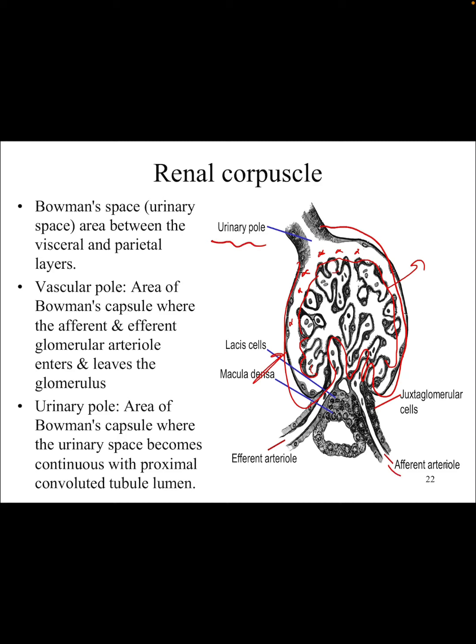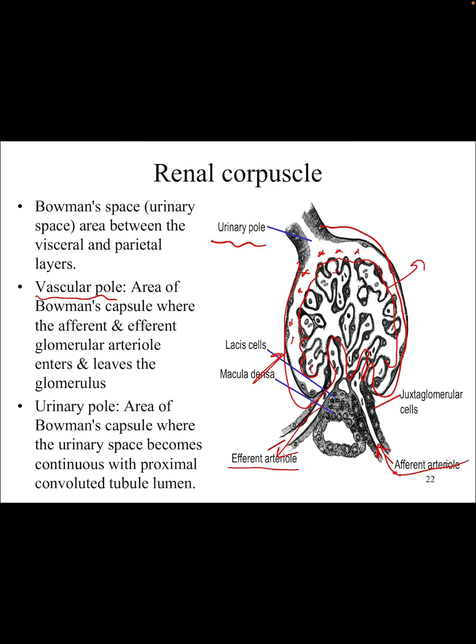And this here is the area where the blood vessels enter the kidney and leave as the afferent and efferent arteriole. So this area here we call the vascular pool.